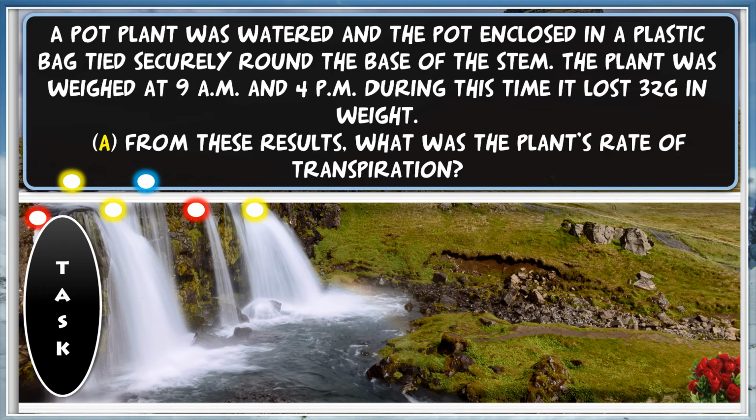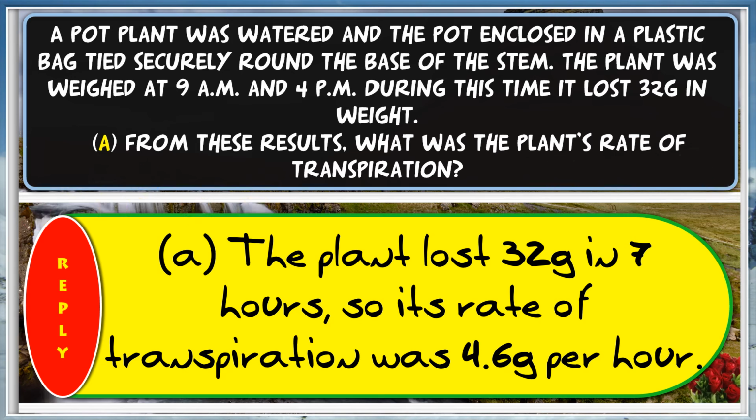Part A. From these results, what was the plant's rate of transpiration? The plant lost 32 grams in 7 hours. So its rate of transpiration was 4.6 grams per hour.